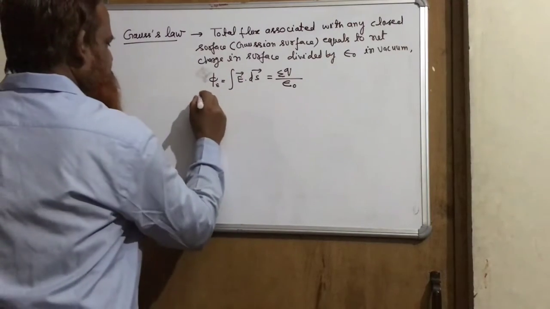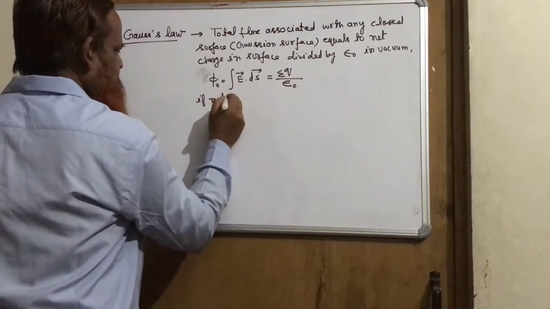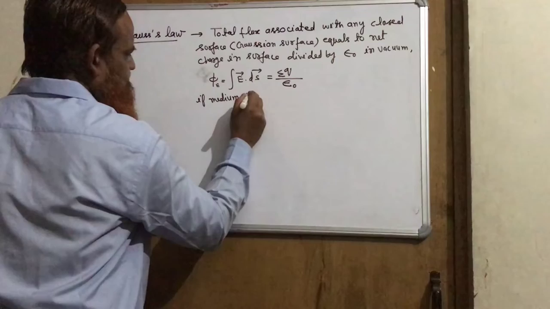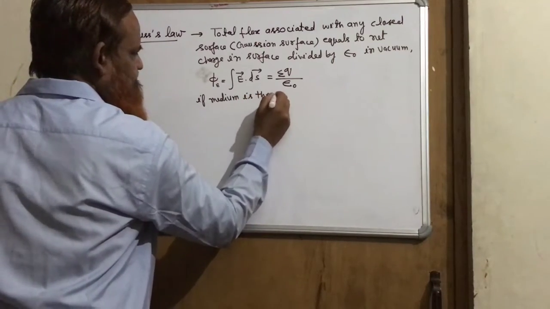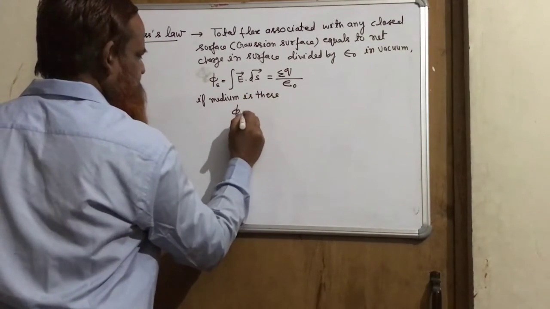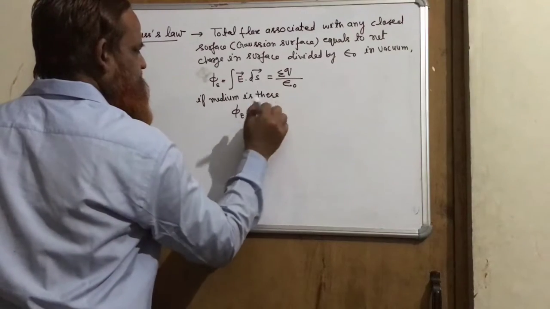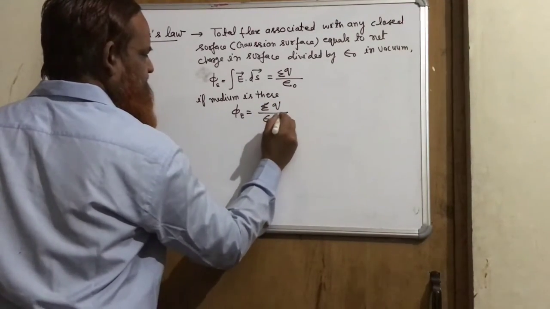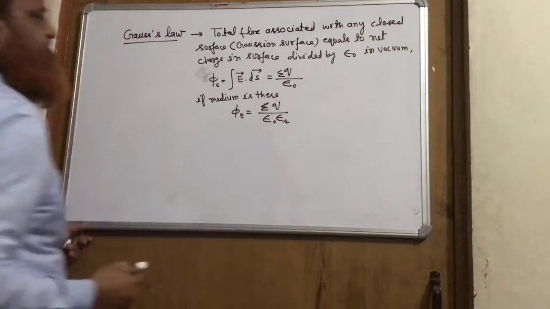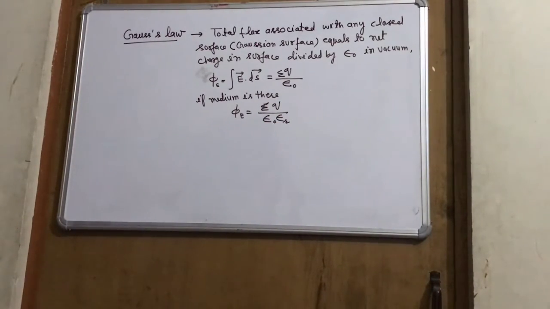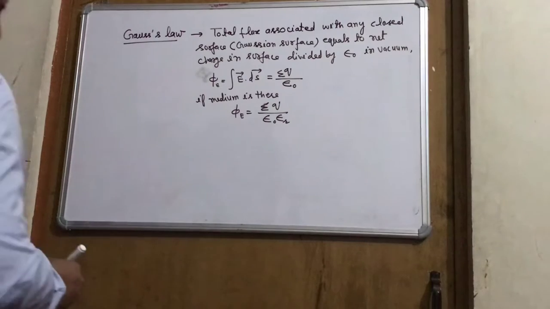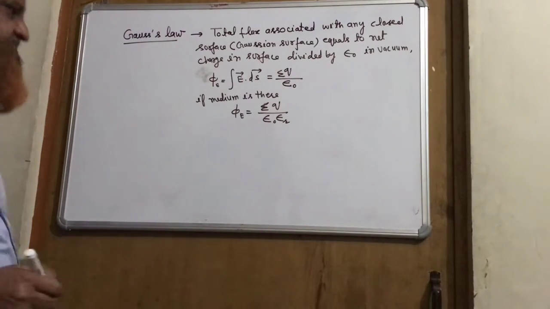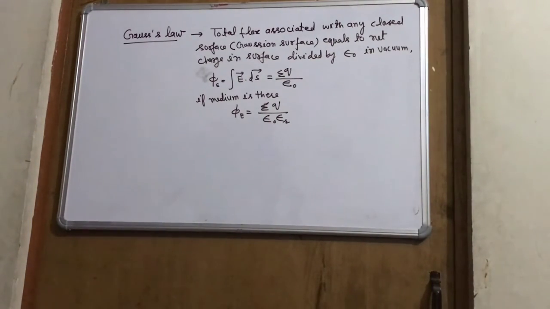If a medium is there, then flux equals sigma Q divided by epsilon naught epsilon R, where epsilon R is the permittivity of the medium. Only the statement is in the CBSE syllabus.